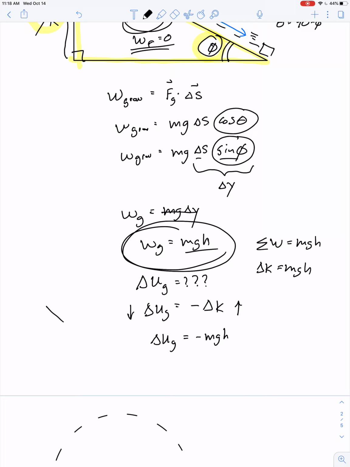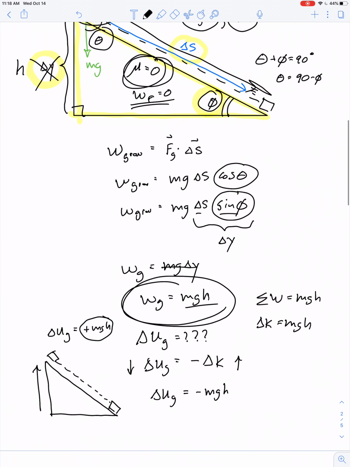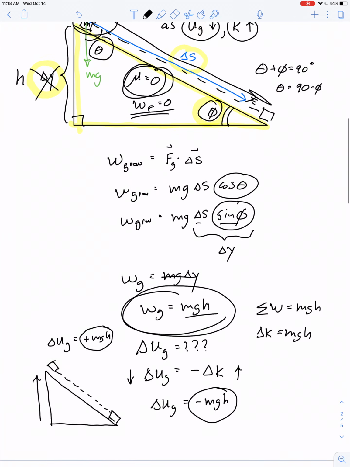So what would be the change in gravitational potential energy if instead the block was lifted to the top? Well, then it would be just the opposite. The change in gravitational potential energy would be positive mgh. In other words, as something goes higher and higher, the potential energy increases, and when something goes lower and lower, the potential energy decreases.